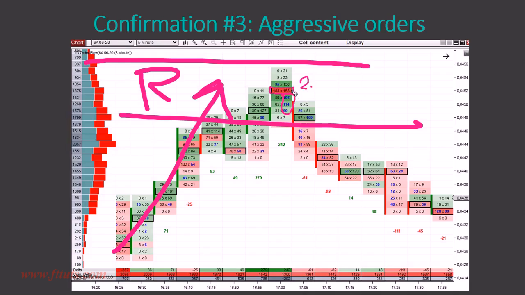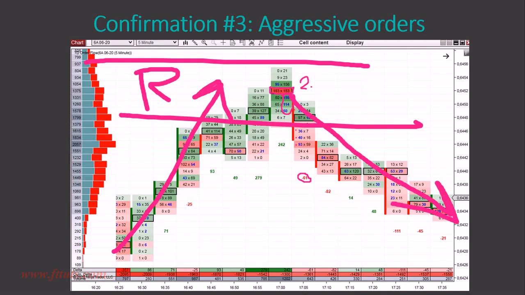And sellers start to absorb all the buying pressure. They won't let the price go any higher. Then sellers start to jump in here, here, here, all those imbalances showing aggressive sellers jumping in. Delta turns negative, the trend breaks, and downwards we go.